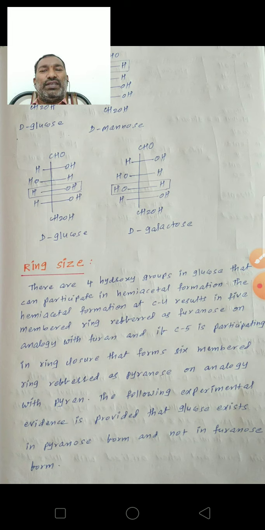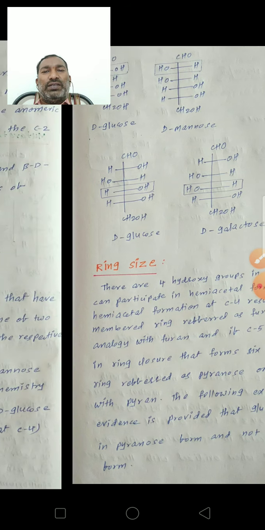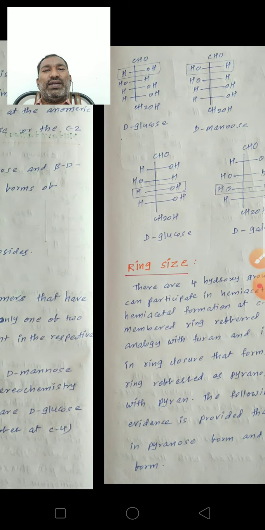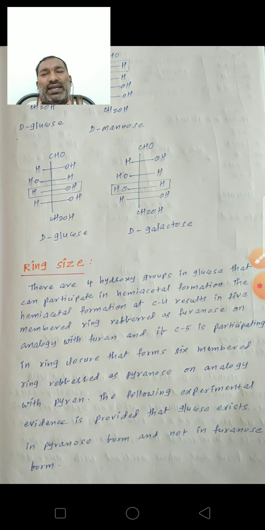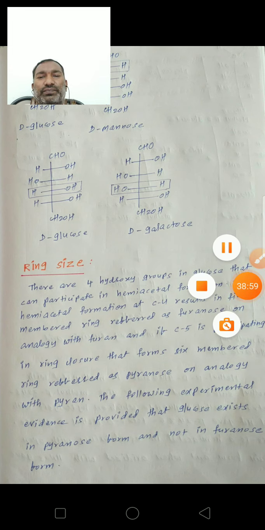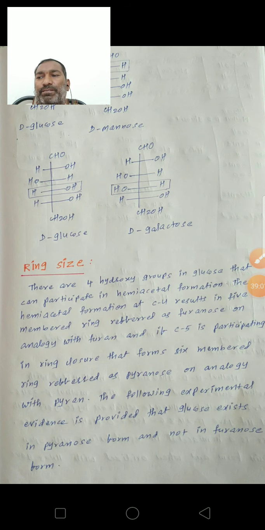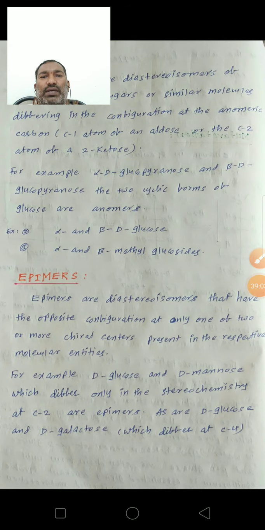C2, C3, C4, C5 carbons are the chiral centers. D-glucose and D-mannose differ at the second chiral carbon. D-glucose and D-galactose differ in the configuration at the fourth chiral carbon. So these are anomers and epimers.